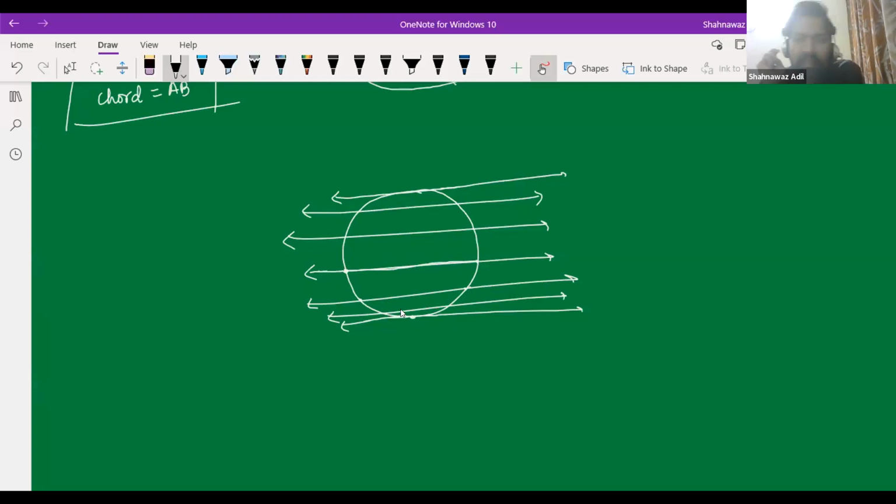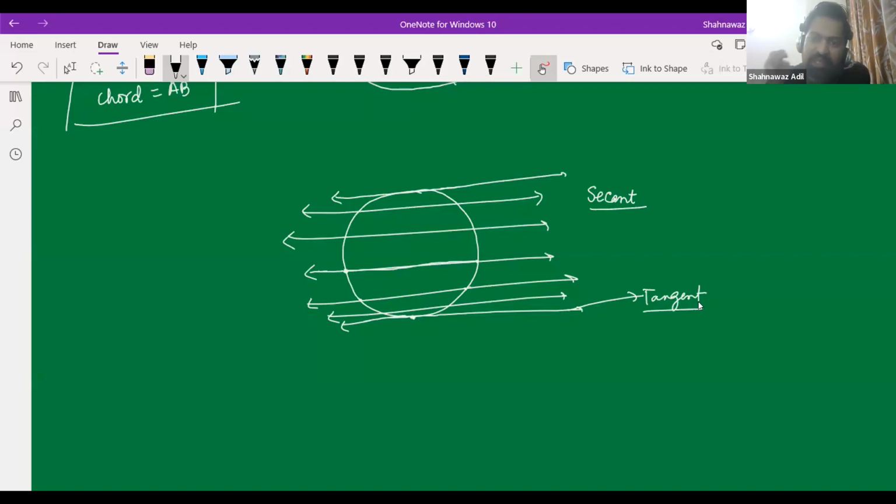When the line intersects the circle at 2 points, that is called a secant. And when the line intersects the circle at 1 point, that is called a tangent.